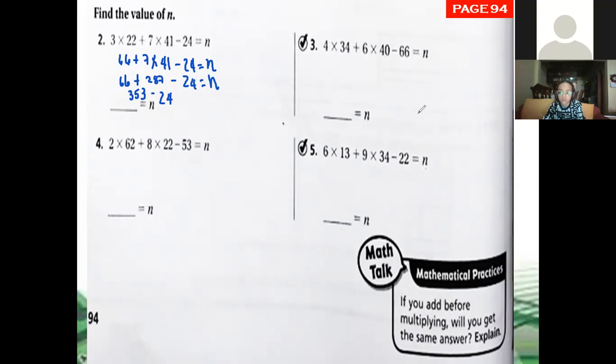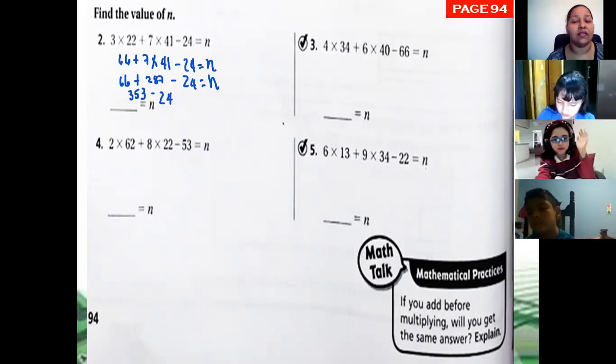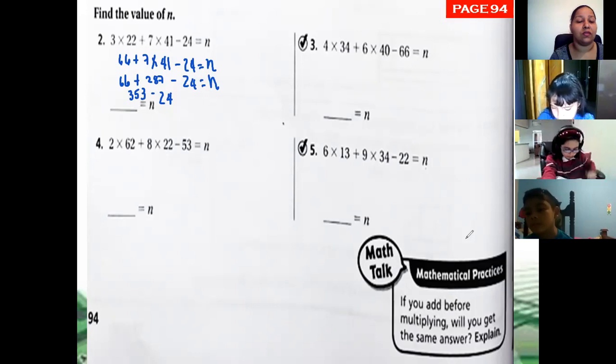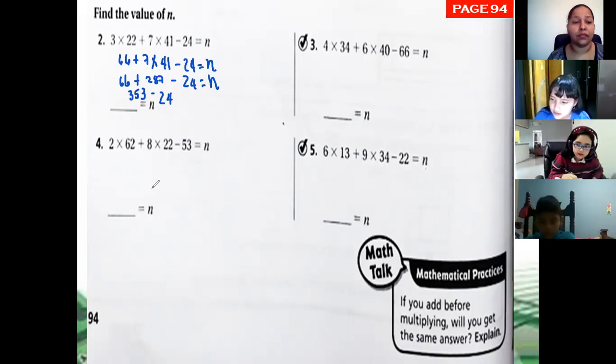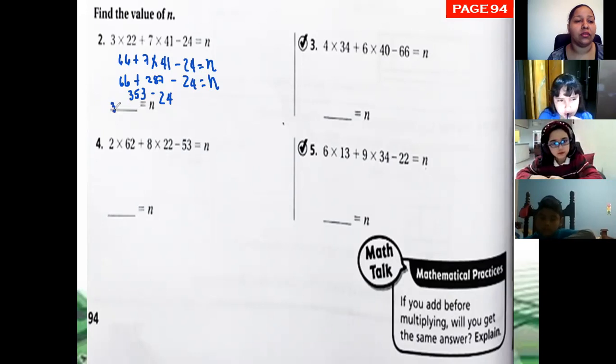353 minus 24. Sebastián, there is a lot of students that I can see your camera. Sebastián, Abigail, José Andrés. 329. 311. 329. 300.